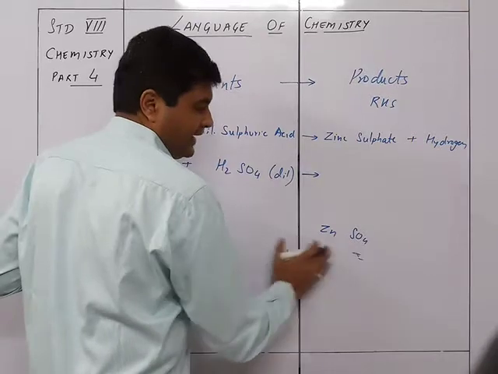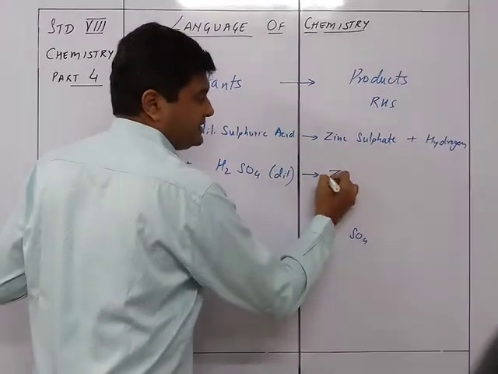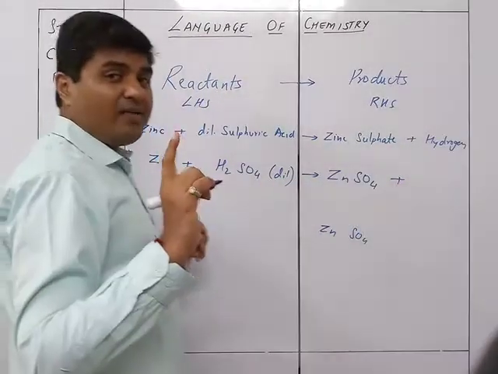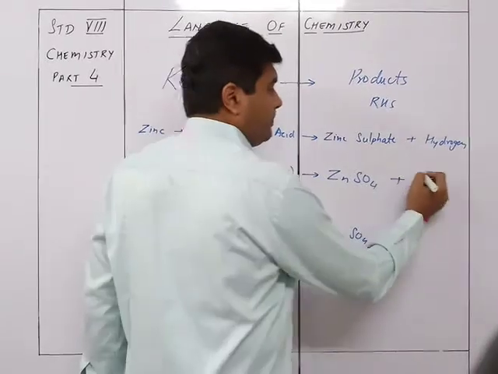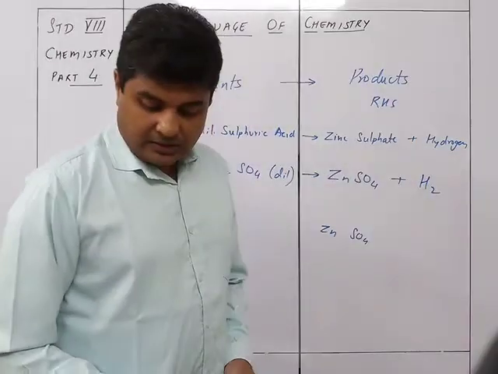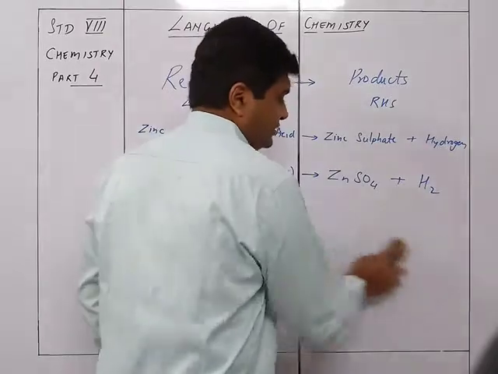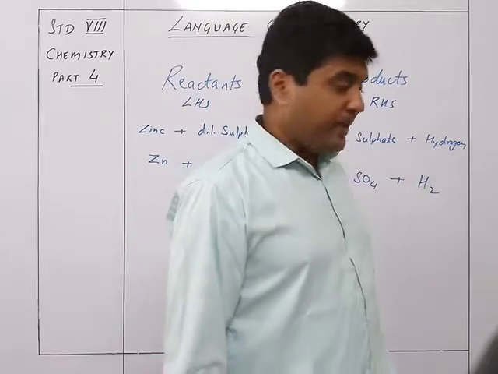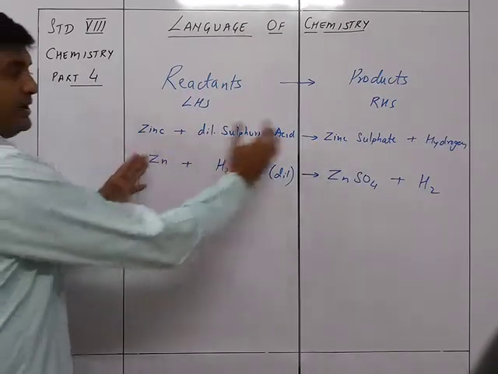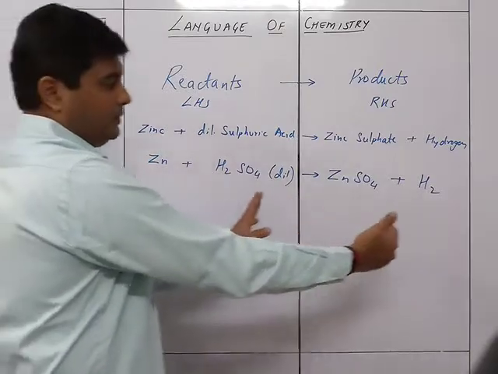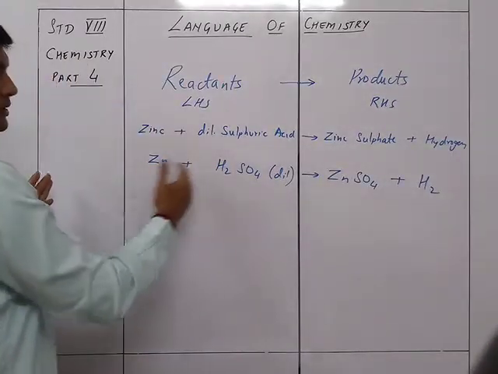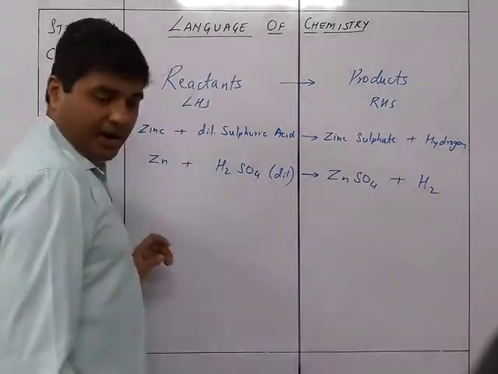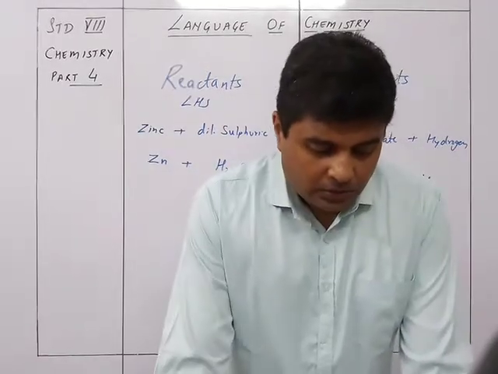So it gets cut, and zinc sulfate will be ZnSO4. And hydrogen, I told you that it's a divalent element, so it's always going to be H2. The atomicity of hydrogen is 2, that's why it will always be written as H2. So that gives me the chemical equation: reactant side, product side, zinc plus sulfuric acid giving zinc sulfate plus hydrogen.